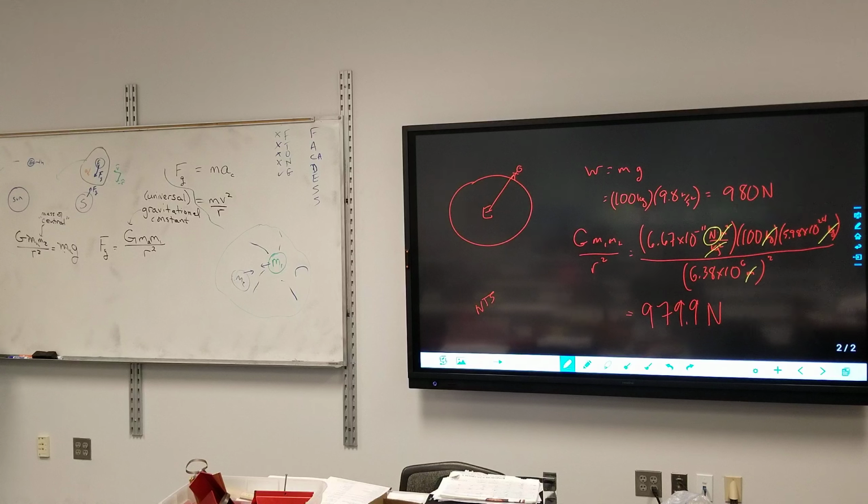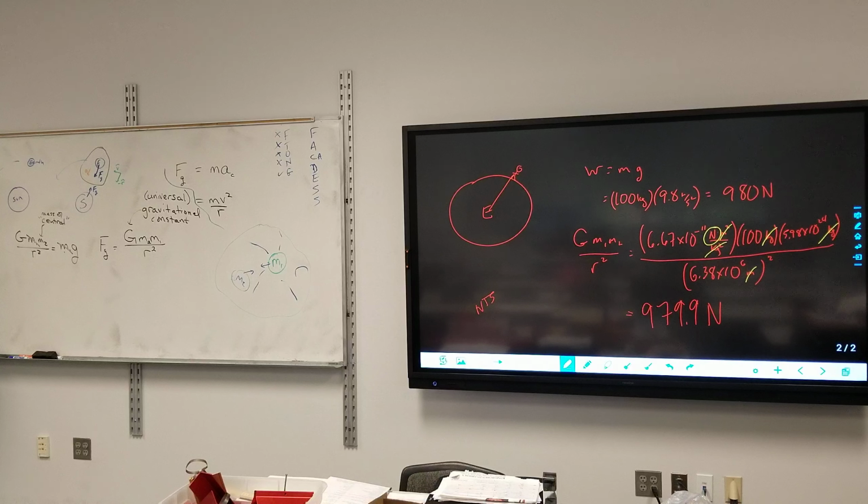Actually, on this note, suppose I went up 100 kilometers, which I believe is considered the edge of outer space. What's the acceleration due to gravity 100 kilometers off the surface of the Earth?